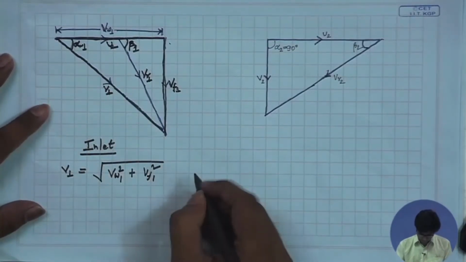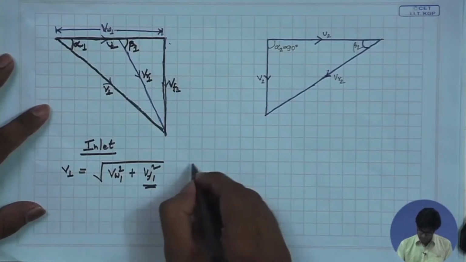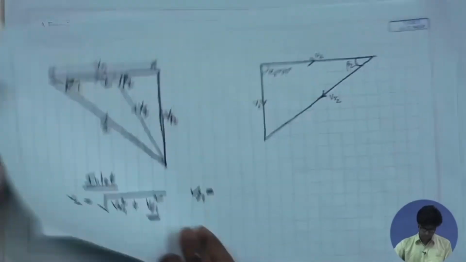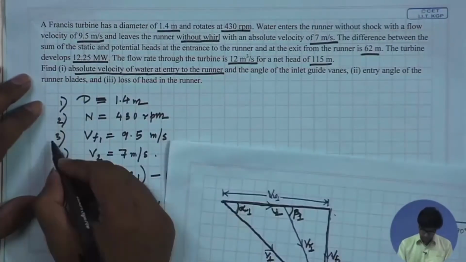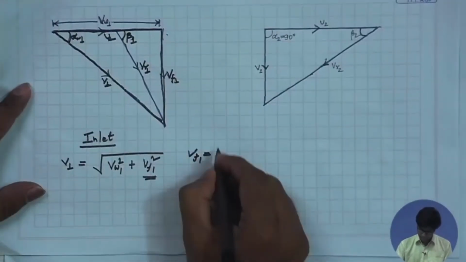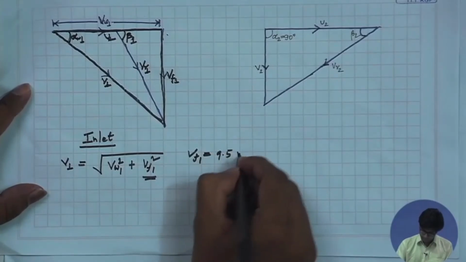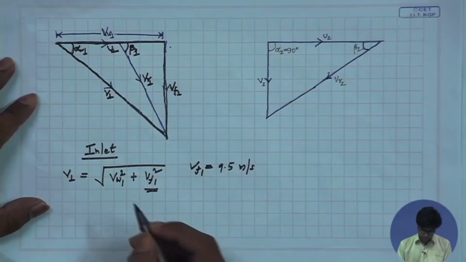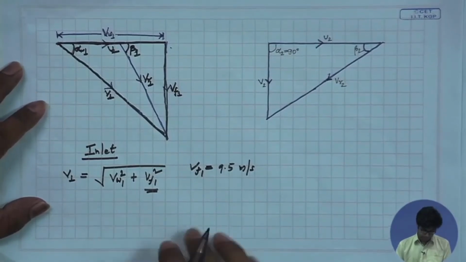The flow velocity at the inlet is given as 9.5 meter per second. So we are required to find out the tangential velocity at the inlet.